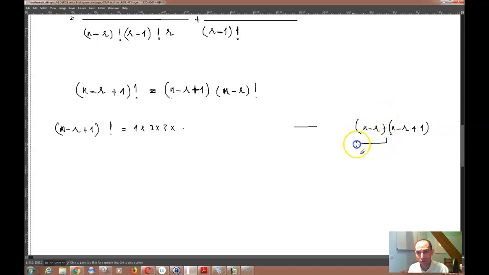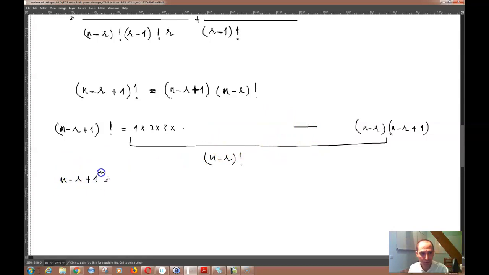And so this part over here would be n minus r factorial, right? And so n minus r plus 1 factorial is the same thing as n minus r factorial times n minus r plus 1, which is what we have written over here.